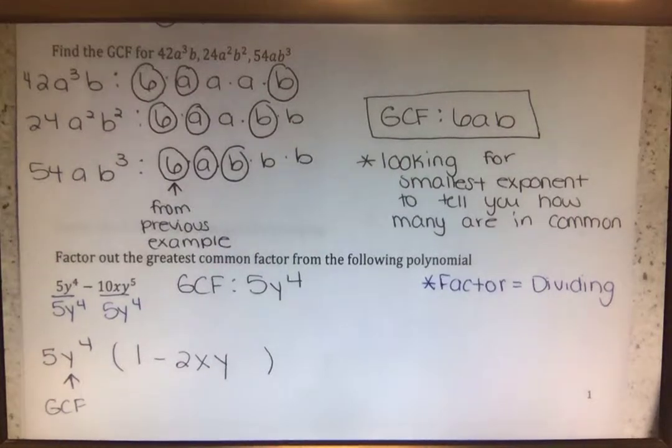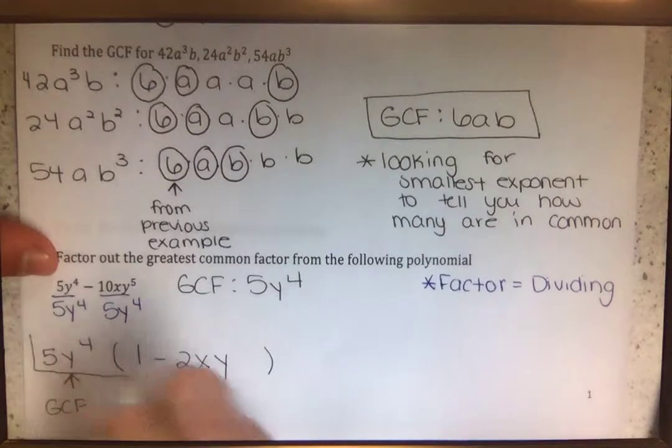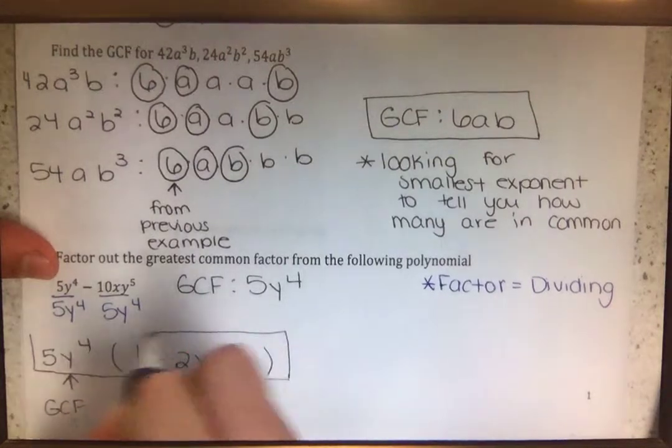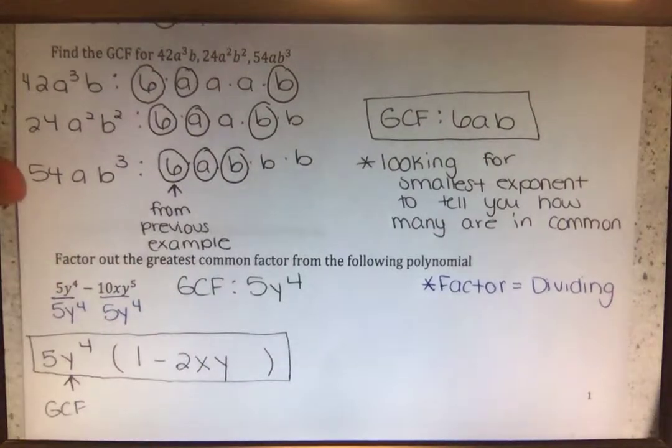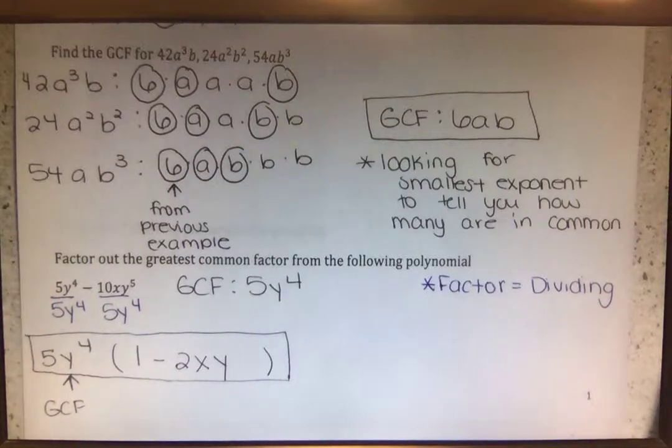Going back to our properties of exponents, remember we can subtract our exponents whenever dividing. So this is our final answer, 5y to the 4th times 1 minus 2xy. Remember, if we were to distribute that 5y to the 4th back in, we would get back to our original problem of 5y to the 4th minus 10xy to the 5th.